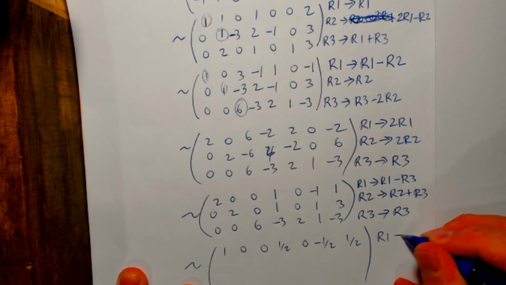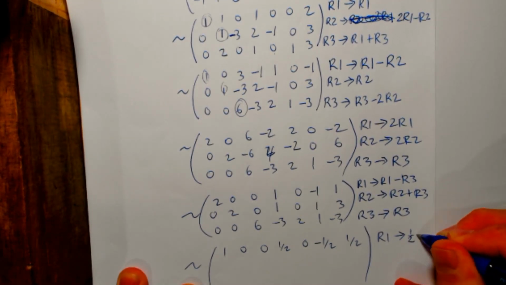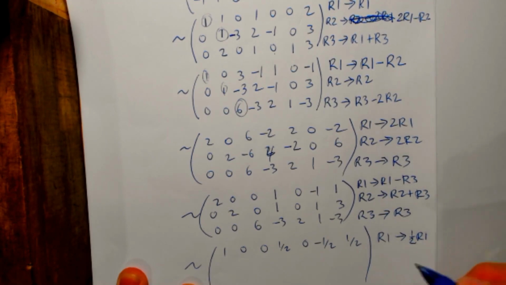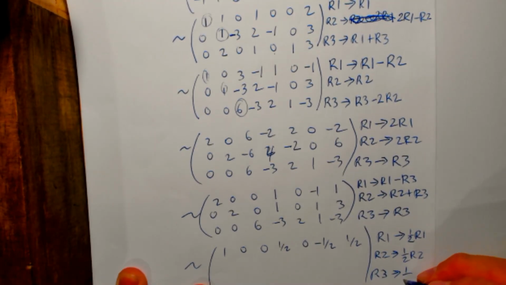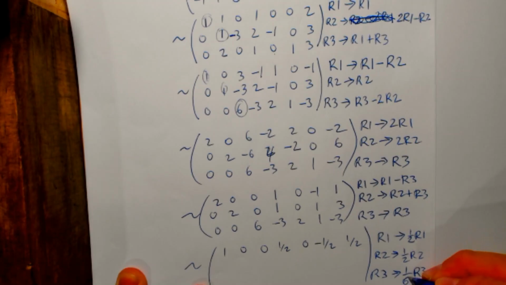And that's replacing row 1 with a half row 1, replacing row 2 with a half row 2, and then we're going to replace row 3 with 1/6 of row 3.